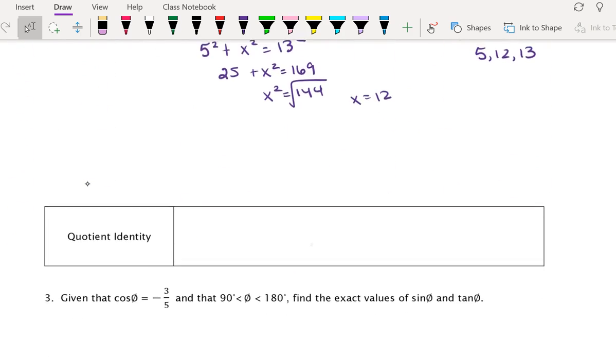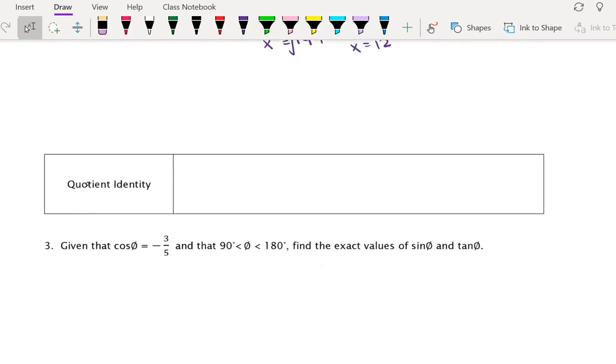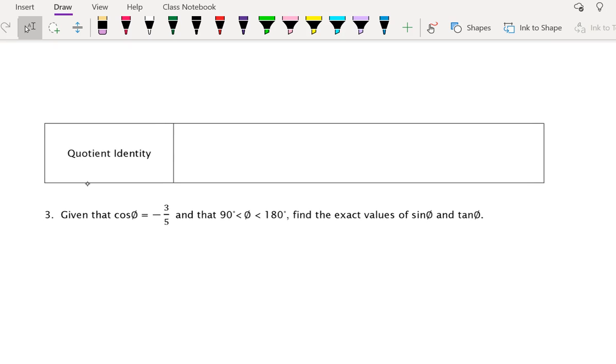All right. The quotient identity is tangent theta is equal to sine theta over cosine theta. So if I know sine and I know cosine, then I also know tangent.